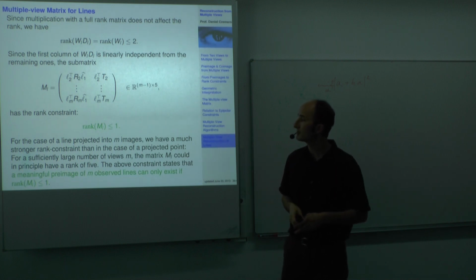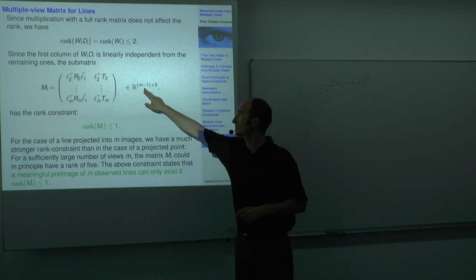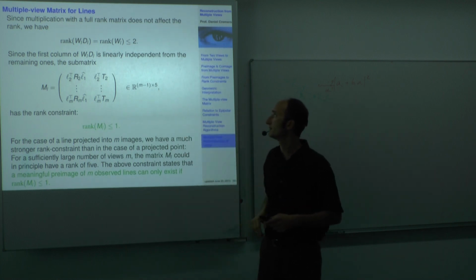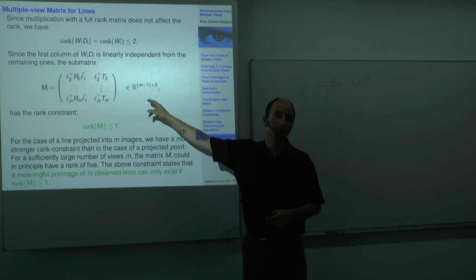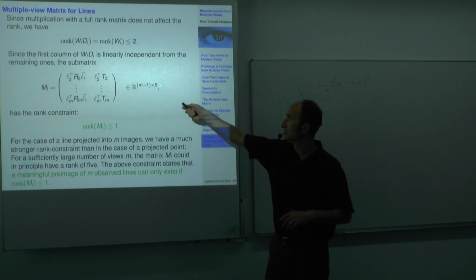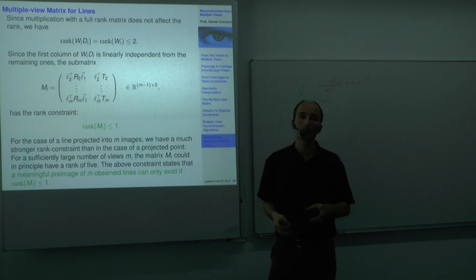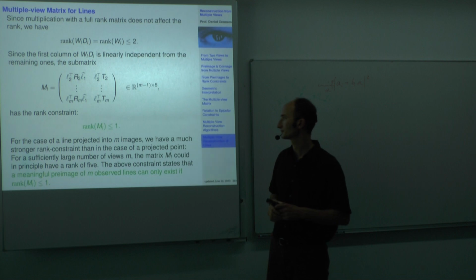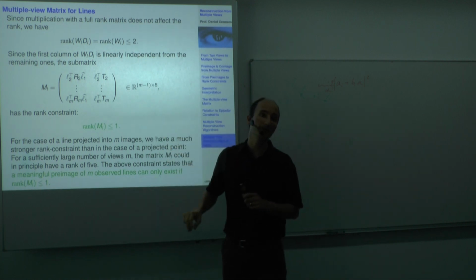And that is not a very trivial constraint, because for sufficiently many images, let's say I have 6 or more images of the line, so m is 6, then this could in principle have rank 5. Right, it's an (m-1)×5 matrix, and so saying it has at most rank 1 is a very strong constraint. But here again we see that for lines the number of images is important.